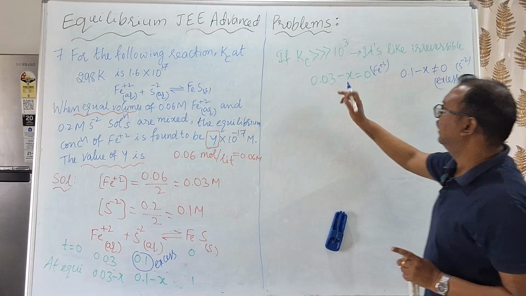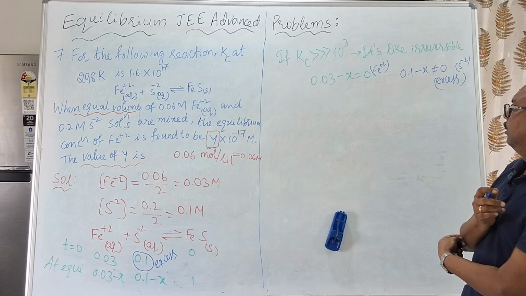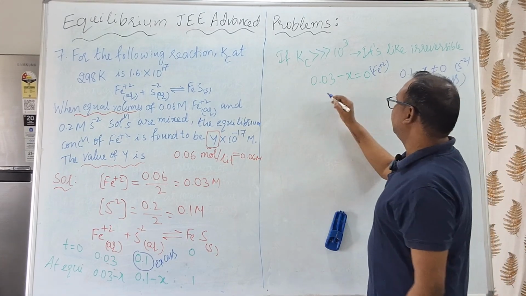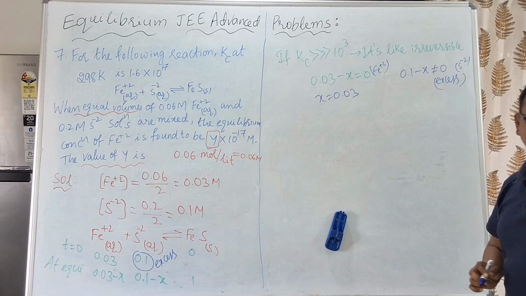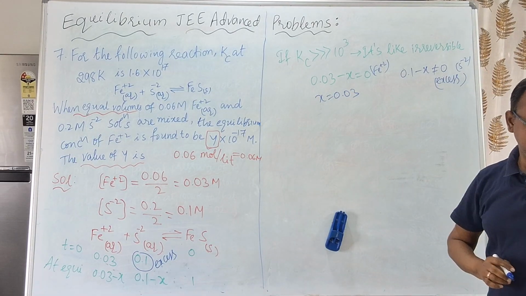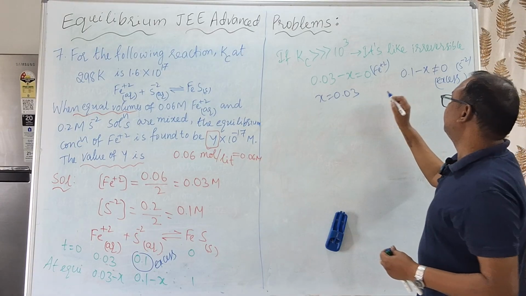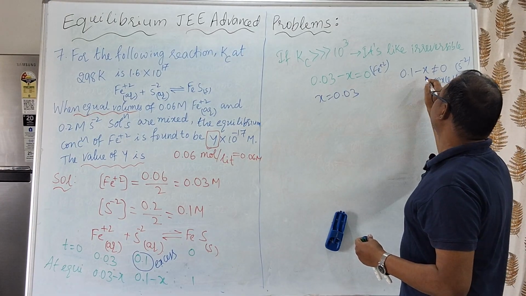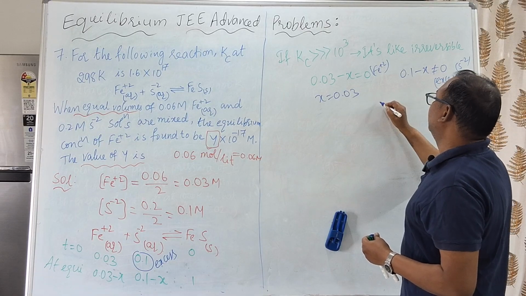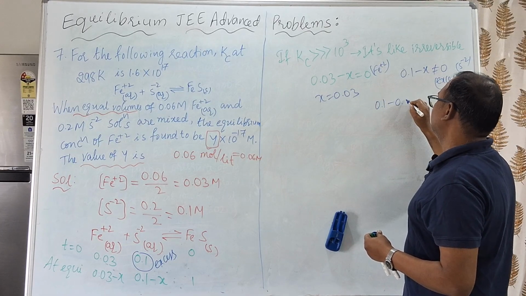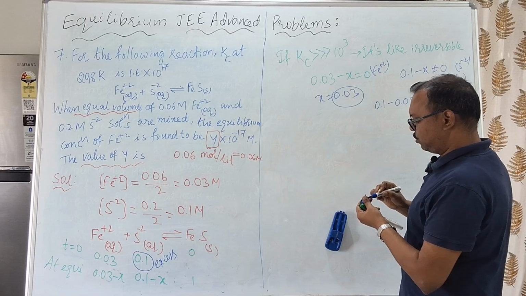At equilibrium, since the limiting reagent concentration equals 0, x equals 0.03. Now, since x equals 0.03, 0.1 minus x becomes 0.1 minus 0.03, where the x value 0.03 has been substituted.